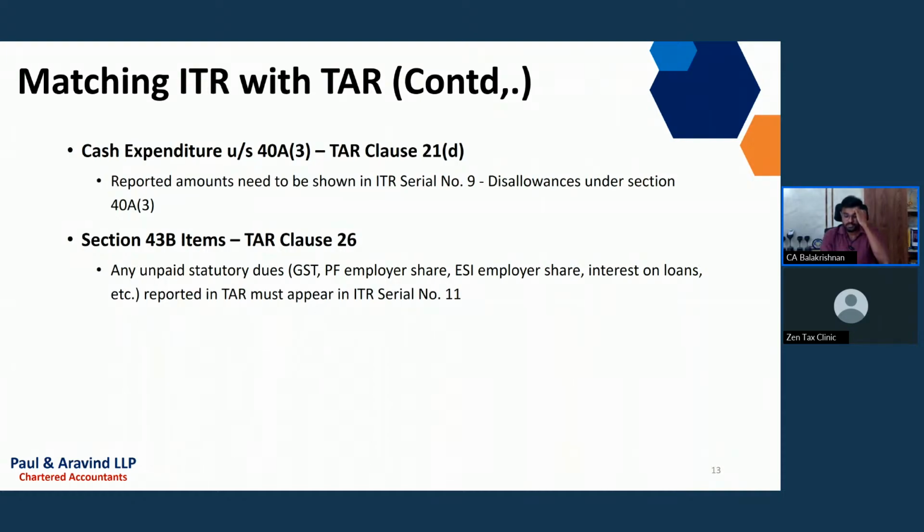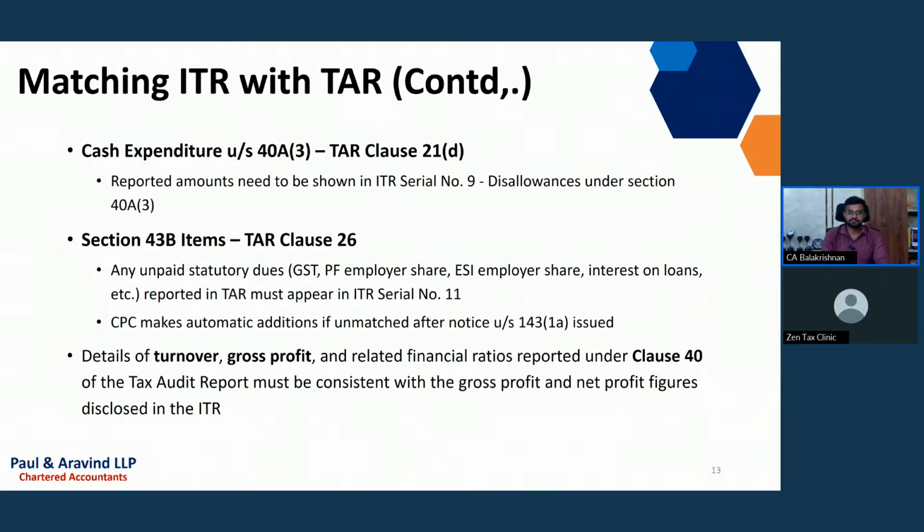So we need to report all the disallowances in the other information. If not reported, then as I said earlier, CPC, Centralized Processing Center, can make an automatic addition to our return of income.